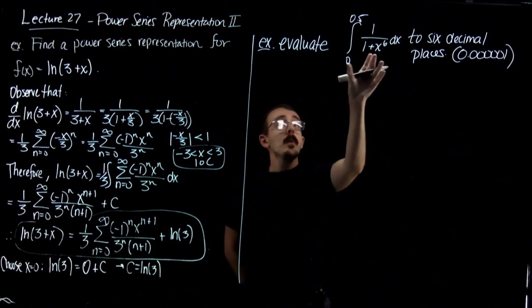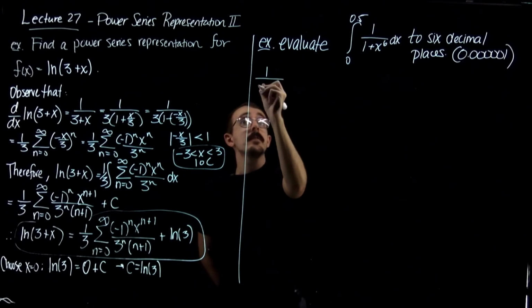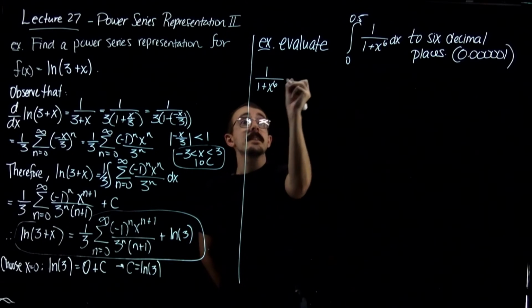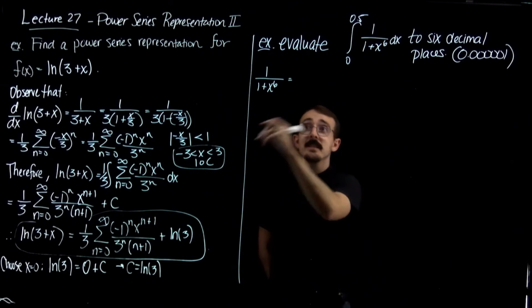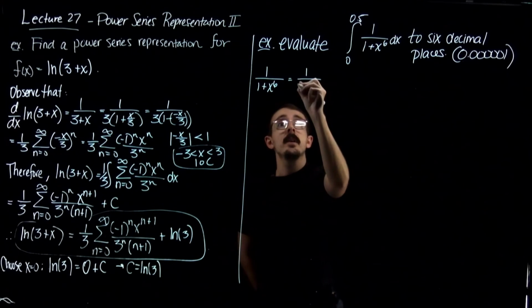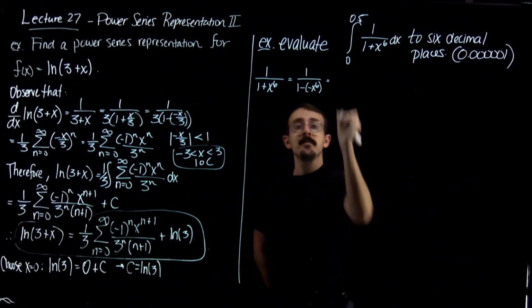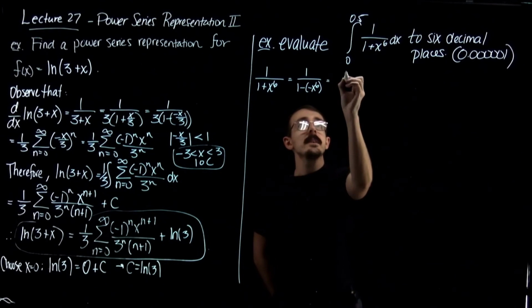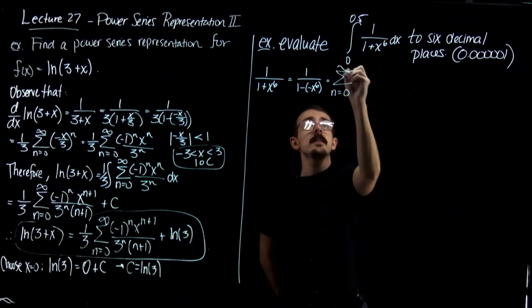So we'll work on the actual bounds in a second, but let's just take a look at 1 over 1 plus x to the 6th. Let's get a series representation for this. Very similar process to that. I'm going to do 1 over 1 minus negative x to the 6th. And then I can use this to write out my geometric series, n equals 0 to infinity.